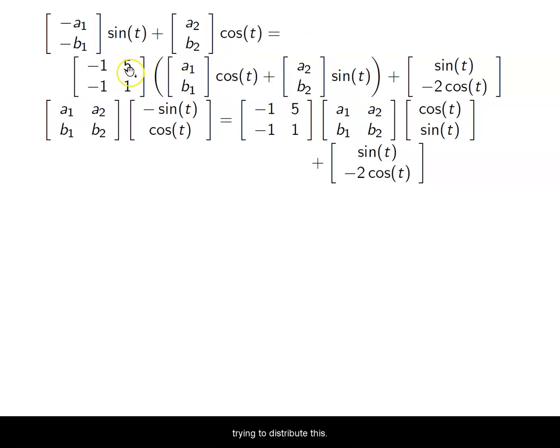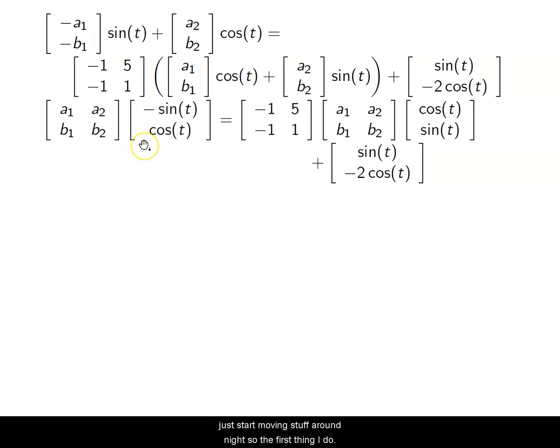Instead of just trying to distribute this across, I could turn this into a matrix so that I can start doing matrix multiplications. Same thing here, I turn this x prime of p into a set of matrix multiplications as well. It just helps me to solidify things.